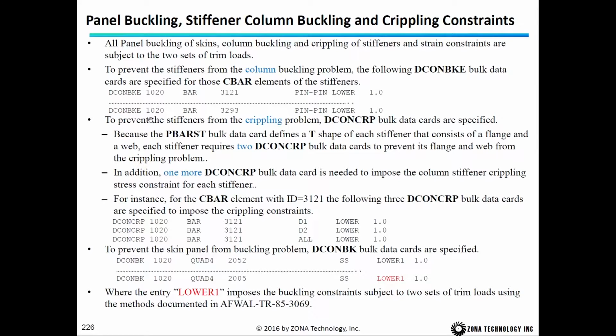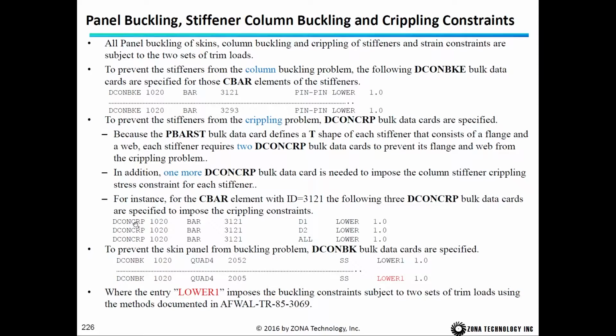To prevent the stiffeners from crippling problem, DCONS cards are specified. Because the PBARST cards define the T shape of each stiffener that consists of a flange and a web, each stiffener requires 2 DCONS cards to prevent its flange and web from crippling problem. In addition, one more DCONS card is needed to impose the column stiffener crippling stress constraint for each stiffener. For instance, for the CBAR element with ID 3121, the following 3 DCONS cards are specified to impose the crippling constraints.